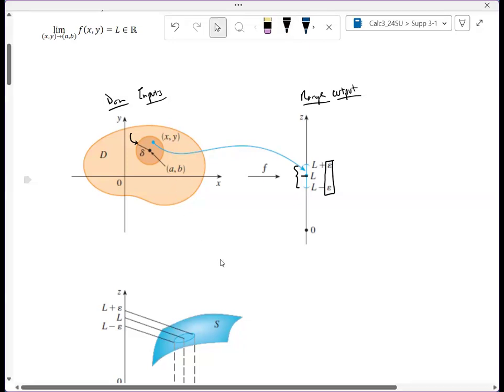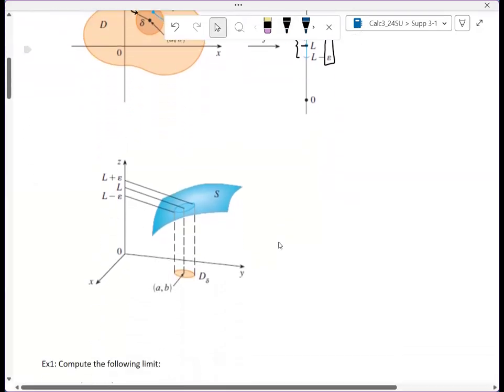And of course, we can visualize this three-dimensionally as well. We can think of the graph of our function in 3 dimensions as being a surface, where again, the xy plane is representing the inputs. It's representing the space with the domain in it. And then the height of each point above each xy coordinate is the function output.